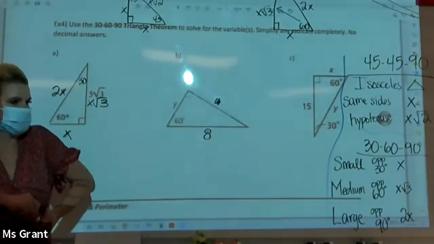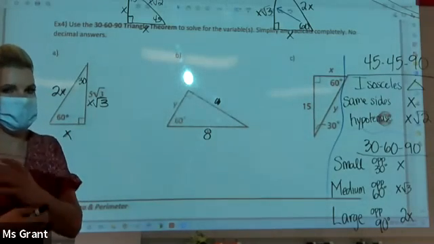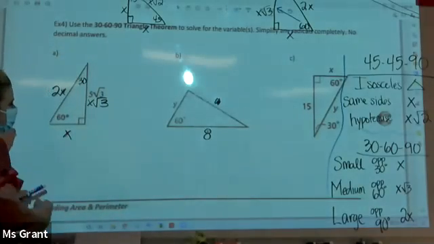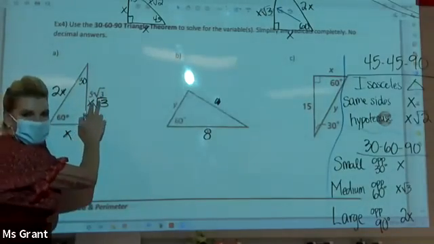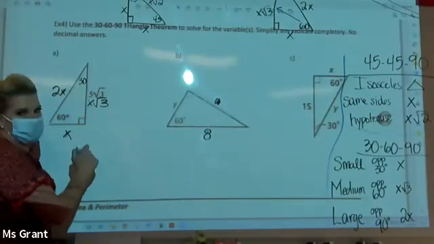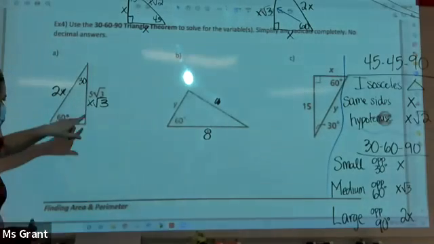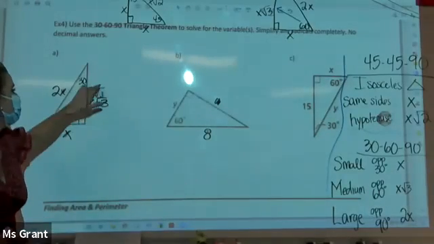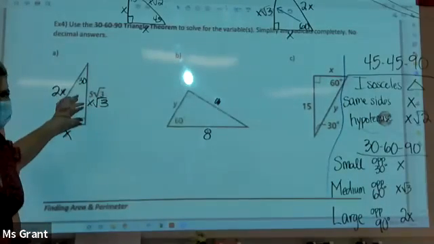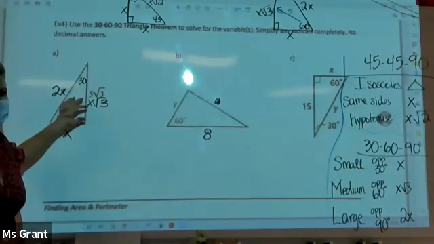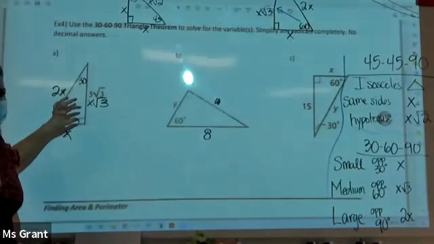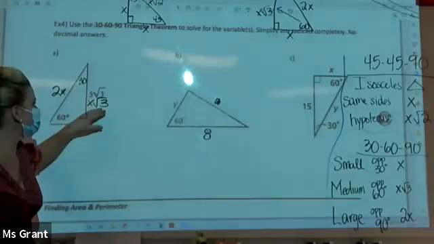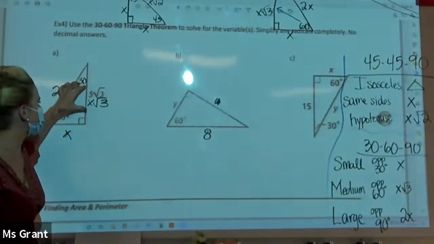Students today have struggled with this one, so let's make sure that we're good. If my value of X rad 3 is 5 rad 3, what's X? Show me with your hand. Class, if X rad 3 is 5 rad 3, what's X?